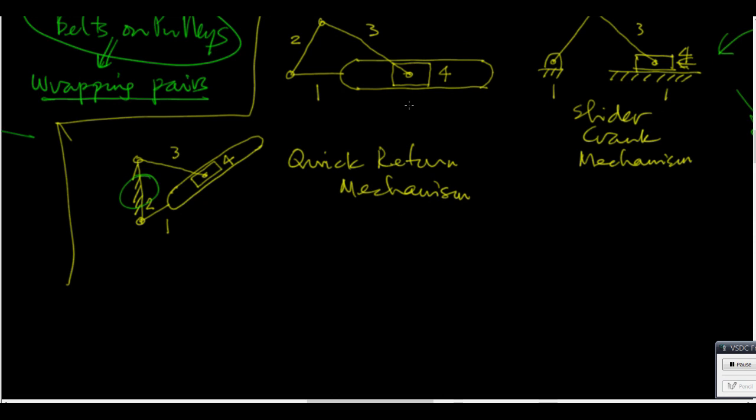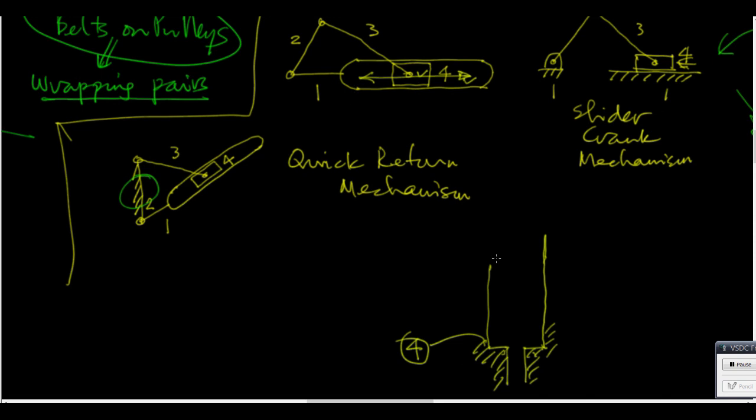Now remember that between 4 and 1, there is only this motion with no rotation. So now 4 will be shown like this. This is 4. It is attached to ground. This is 4. Okay. 1 slides relative to 4.